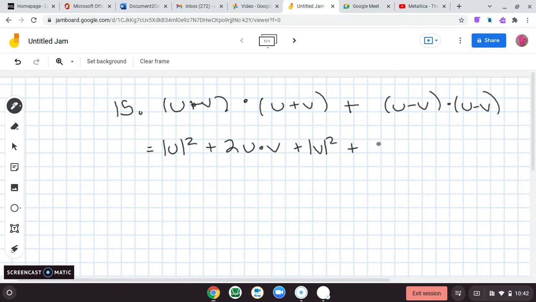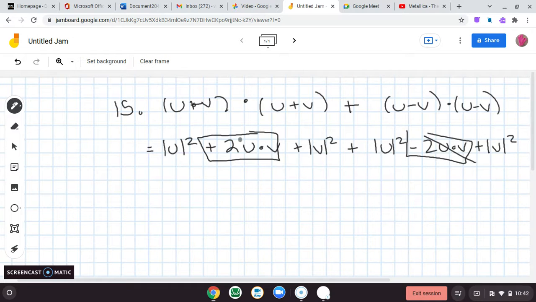Plus, now these are subtracted, so it's going to be magnitude of u squared. Now it's going to be minus 2 u dot v, and then plus our v squared again. Pretty self-explanatory. Cancel these like terms, right? We are left with 2 times the magnitude of u squared plus 2 times the magnitude of v squared.